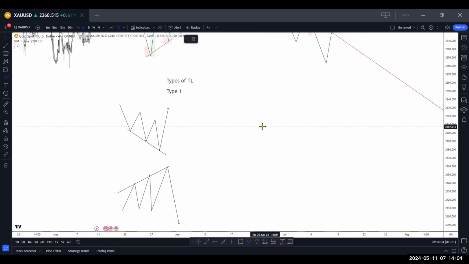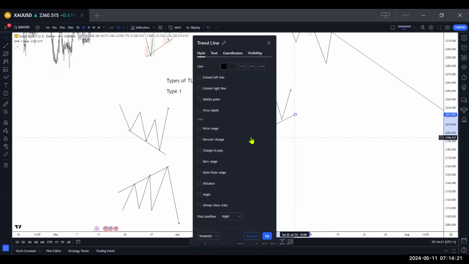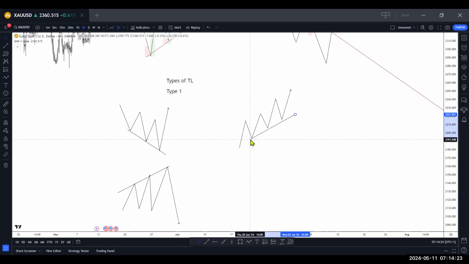Type one continuation setup, right? So you have something like this. First touch, second touch, entry. First touch, this is your second touch, and this is your entry. All right.